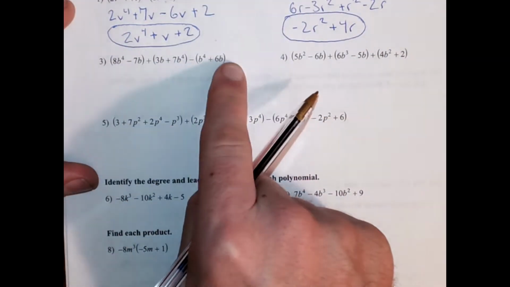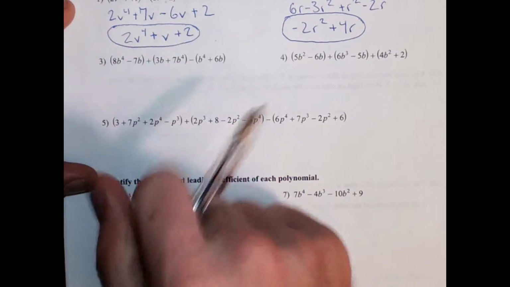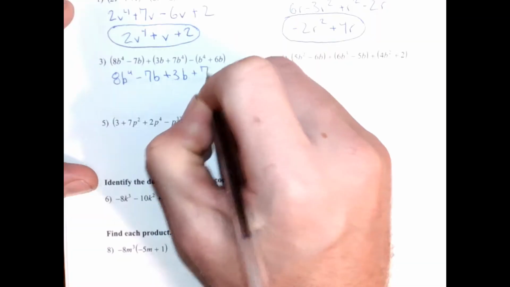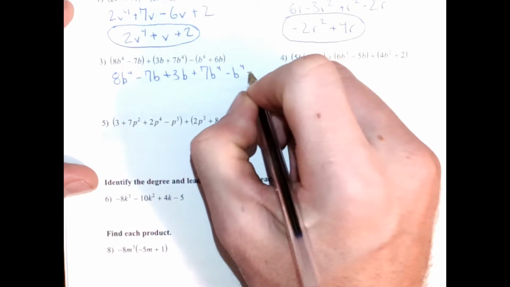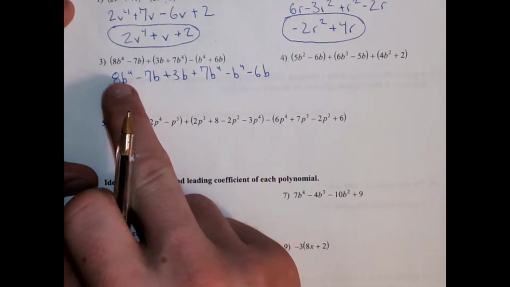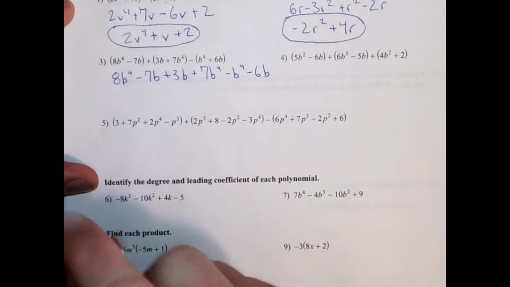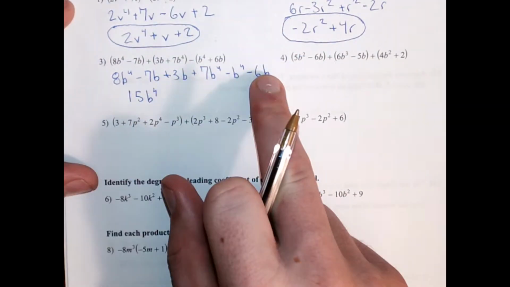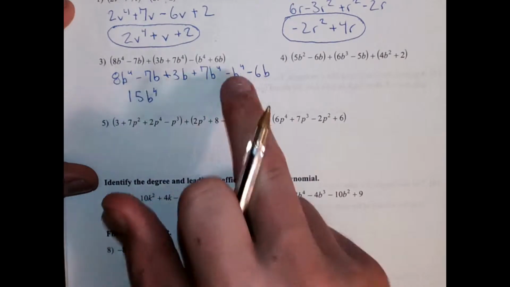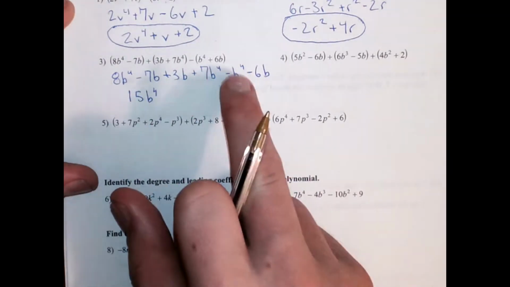Distribute the negative, drop the parentheses, and combine like terms. So that's minus b to the fourth, minus 6b, 8 plus 7, 15b to the fourth. That should be 16b to the fourth. Nope, that should be 14b to the fourth.